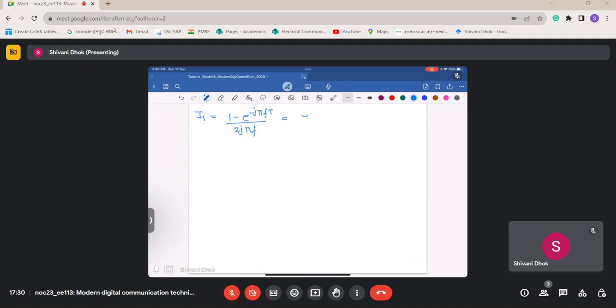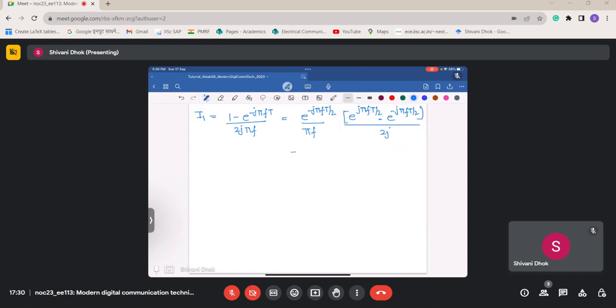You can take out minus j pi f capital T by 2 outside. So what we are having here is e power j pi f T by 2 minus e power minus j pi f capital T by 2, whole divided by pi f, and this divided by 2j, and this quantity here is simply sine of pi f T by 2.